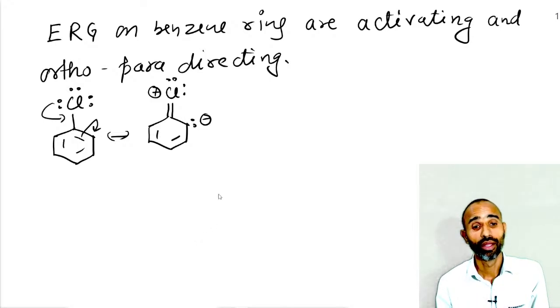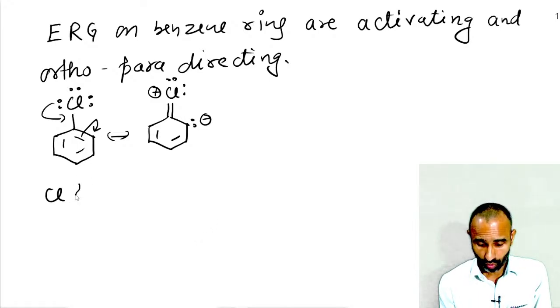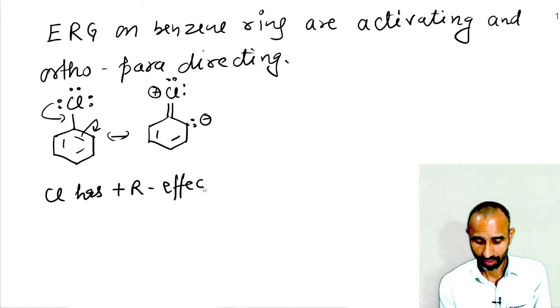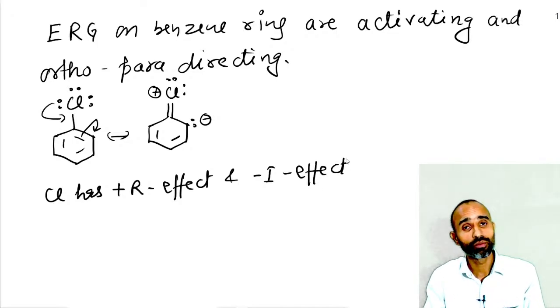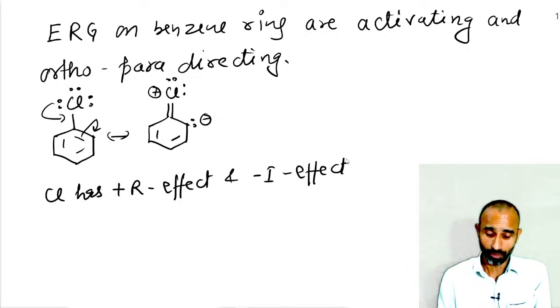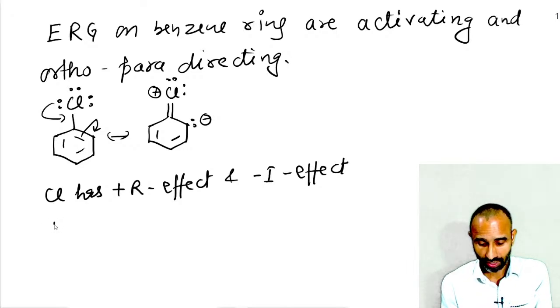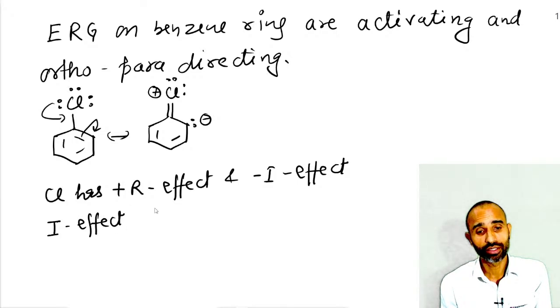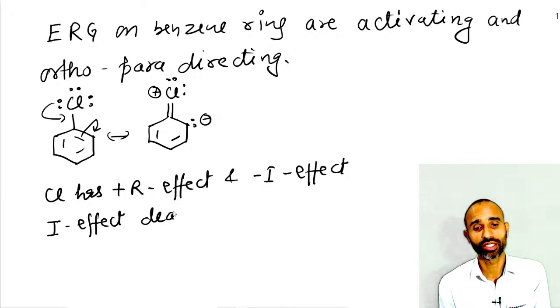Chlorine has plus R effect and minus I effect, same as that of OH and NH2. But in halogens especially, the inductive effect decides the reactivity.